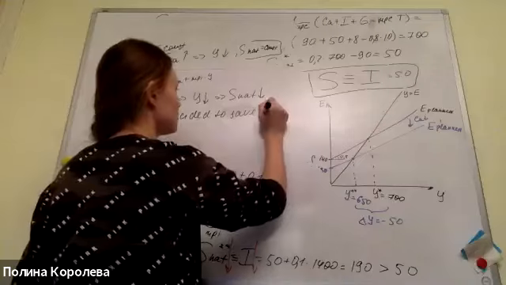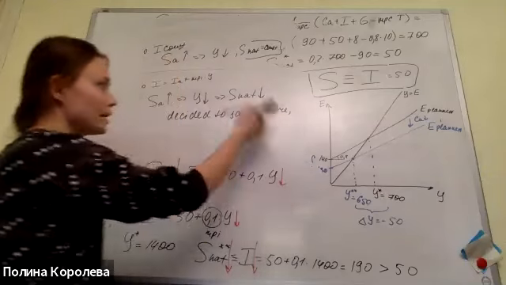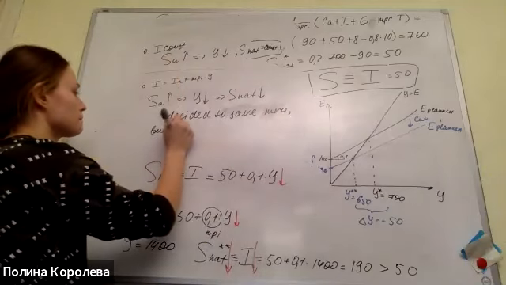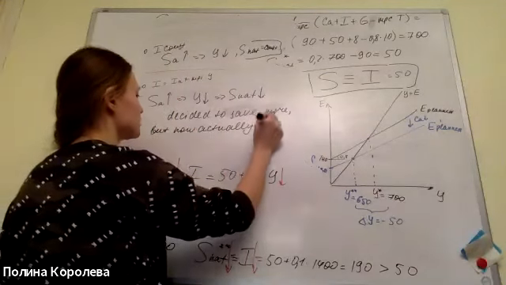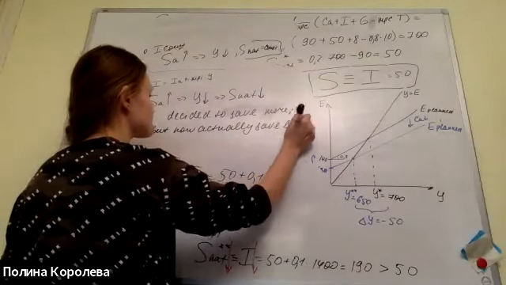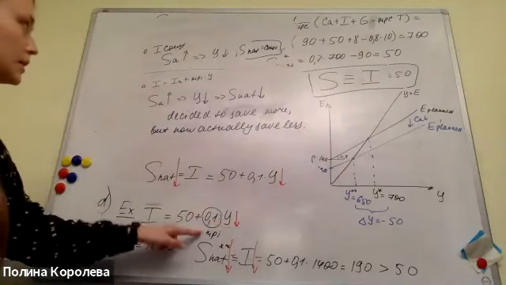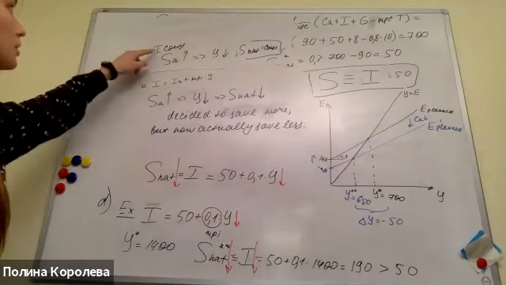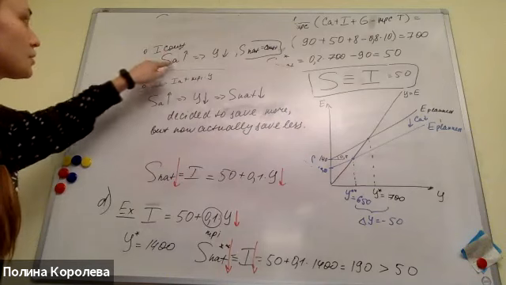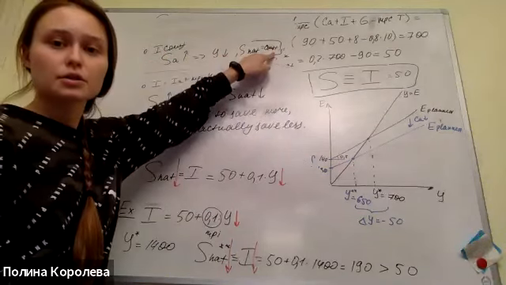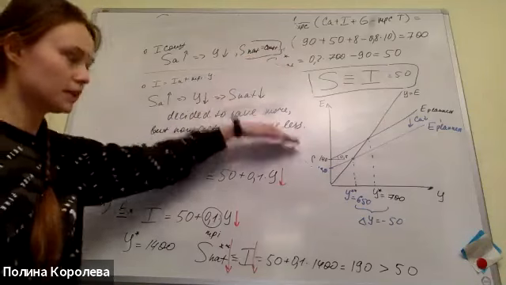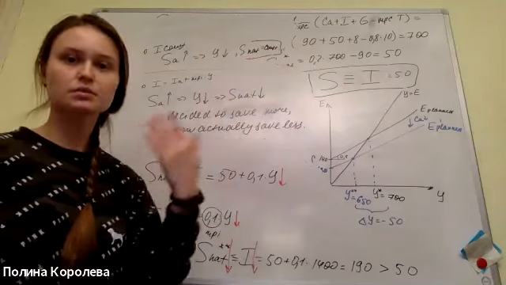Without this connection, when investments are constant, we decided to save more, but we save the same amount actually. But here we save less. So the paradox of thrift is stronger now.